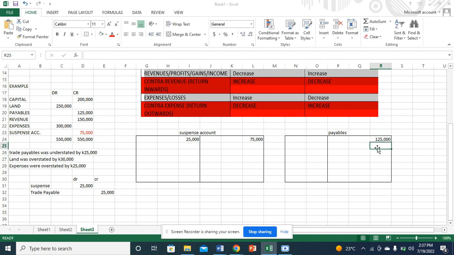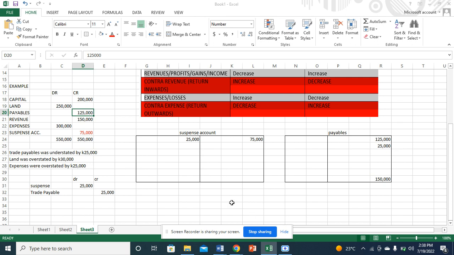It was undercast by 25,000, so we'll credit it at 25,000. You see? The amount here was supposed to be 150,000, not 125.